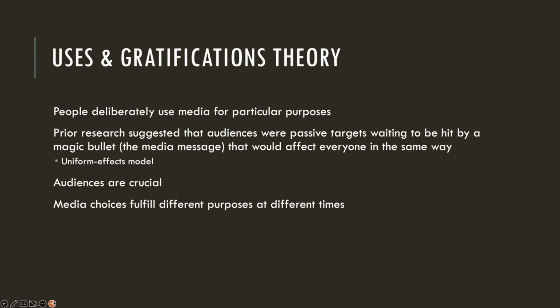So this is called the uniform effects model. Sometimes it's called the magic bullet theory. It's the idea that if we all watched a commercial on TV, that we would all have the same reaction, whatever that action may be. Obviously, we know that's not the case today, right?